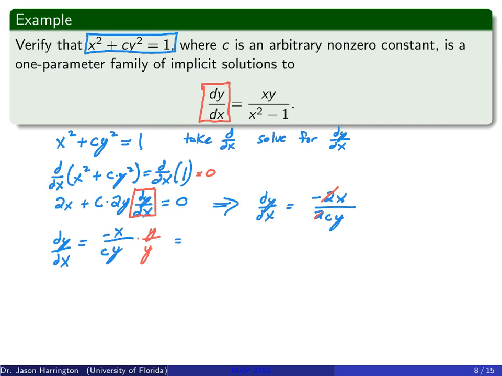So the numerator becomes negative xy, and the bottom becomes cy squared. All right, now this is looking a lot better, but check this out. If I come back to this original problem, notice that cy squared is just equal to 1 minus x squared. Huh, that's pretty cute.